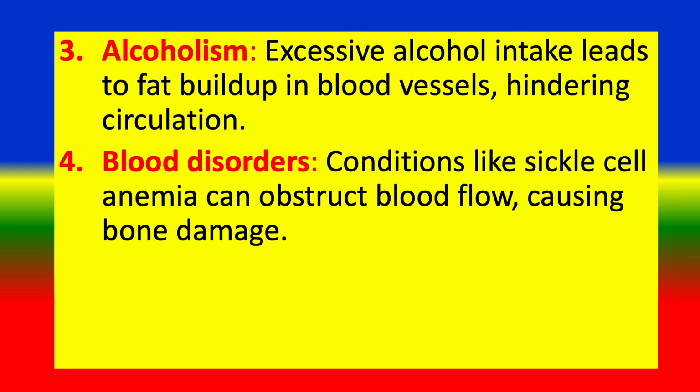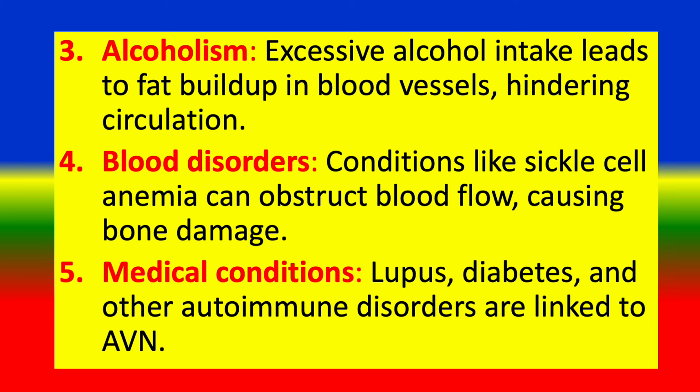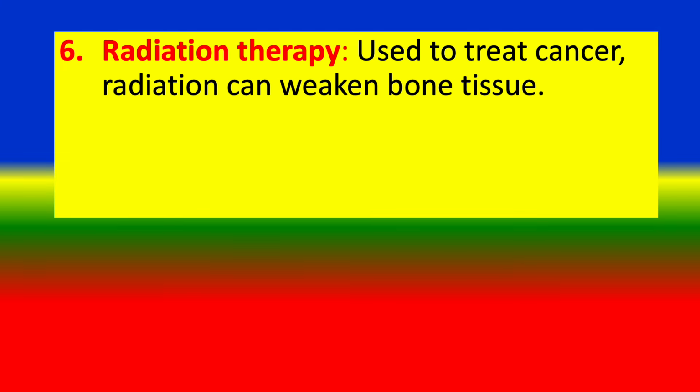4. Blood disorders. Conditions like sickle cell anemia can obstruct blood flow, causing bone damage. 5. Medical conditions. Lupus, diabetes and other autoimmune disorders are linked to AVN. 6.